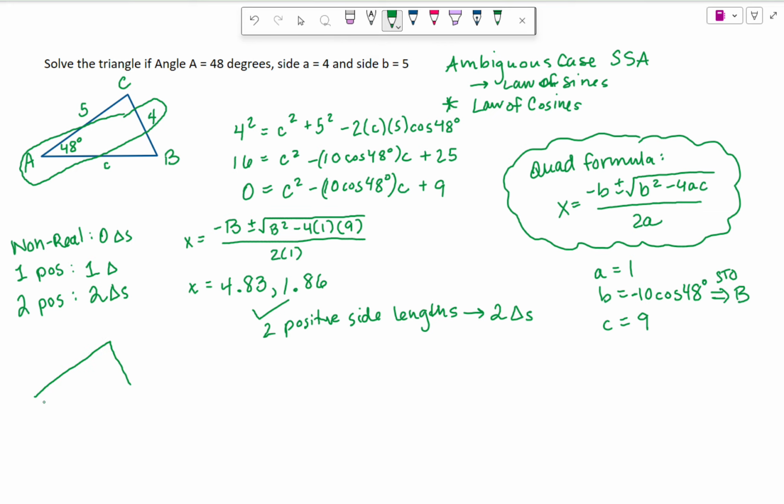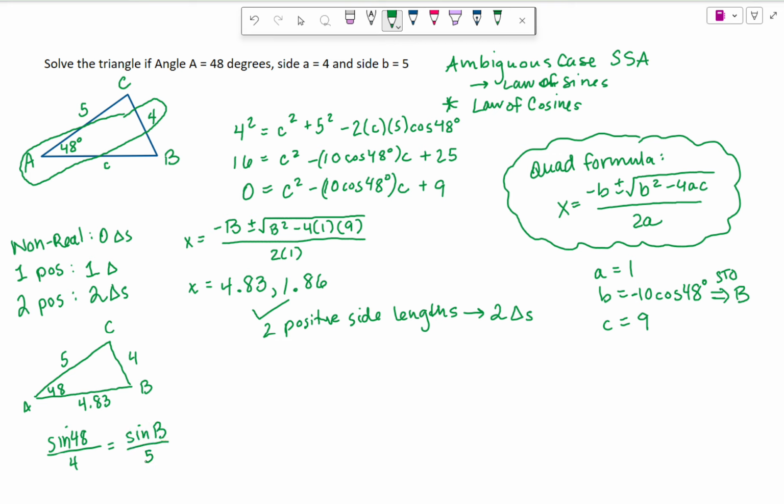So what I'd want to do is kind of redraw the triangles so you know that this was 48 already, and then this triangle would be the 4.83 triangle, right? Because this side is longer. This is 4 and this is 5. And then all we have to do is find angle C and angle B. We can just use the law of sines for that because it's shorter. So I could do the sine of 48 divided by 4 is equal to the sine of B divided by 5.